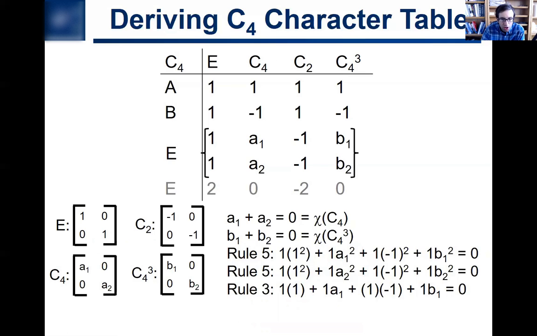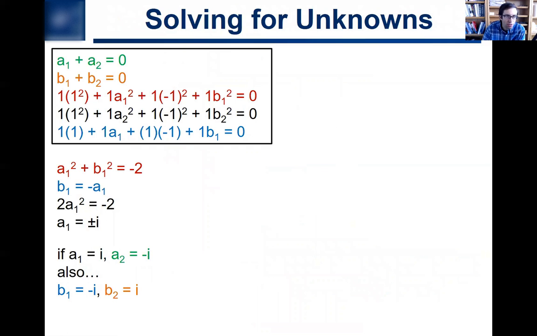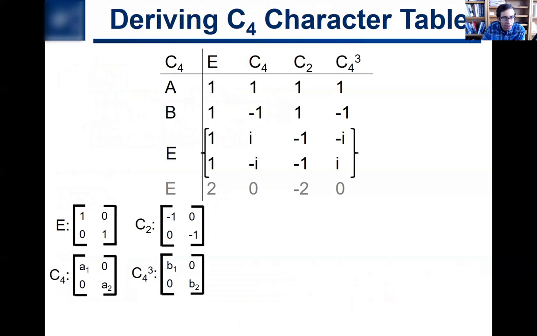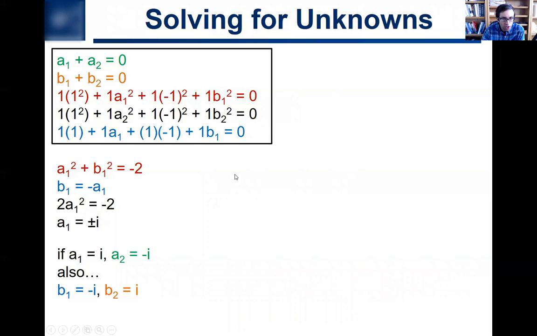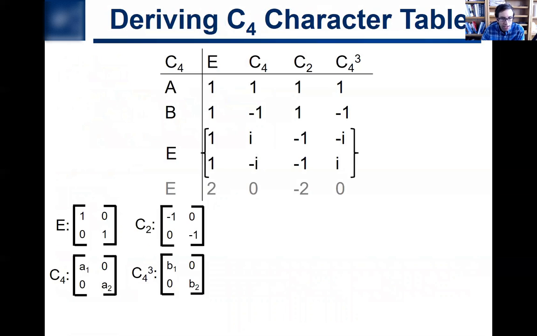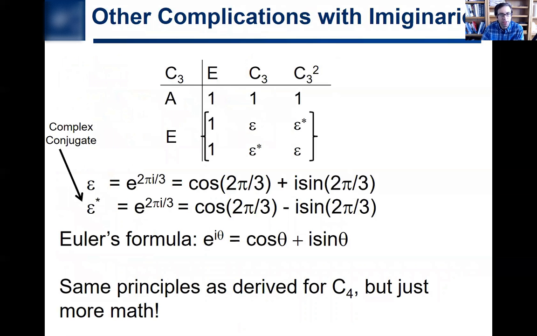I'm not even really going to go over this. It's just a bunch of algebra, okay? But you can solve these algebraic equations, and you can then get imaginary numbers out. You solve the values of A1 and A2, and A1 happens to be i when you go through all this algebra. And B1 goes to negative i, and B2 goes to i. So that's where the imaginary numbers come from.